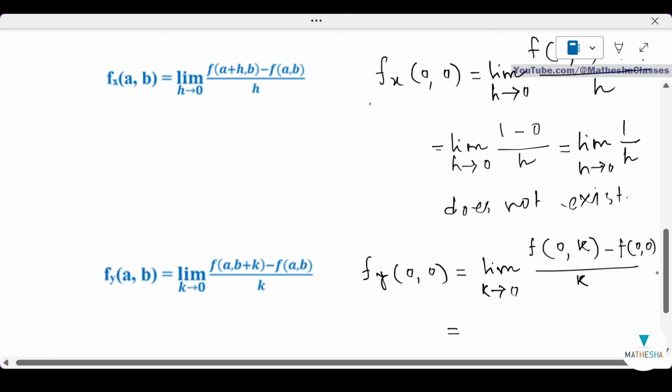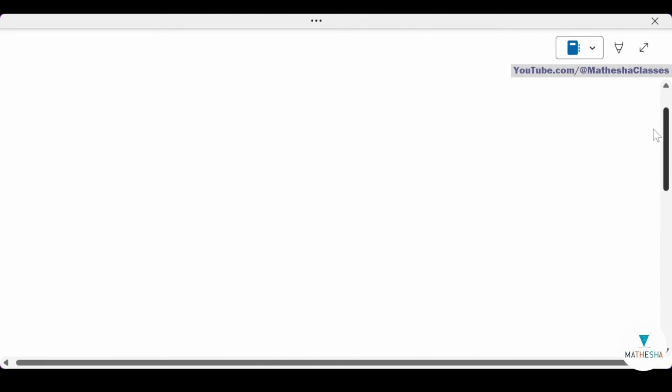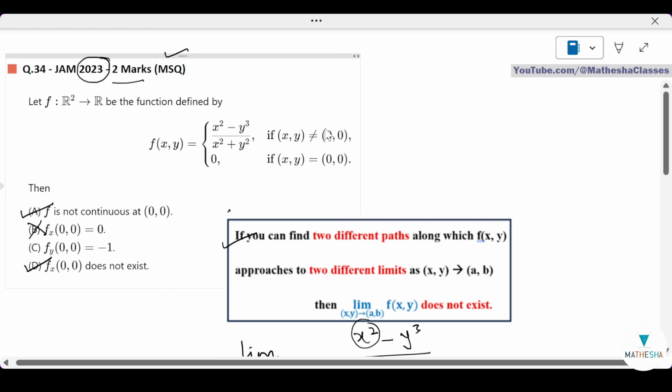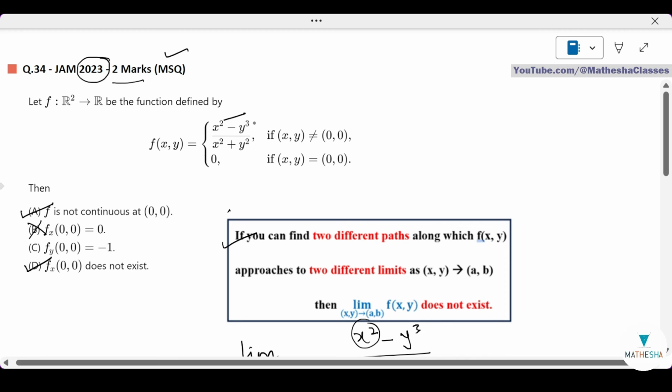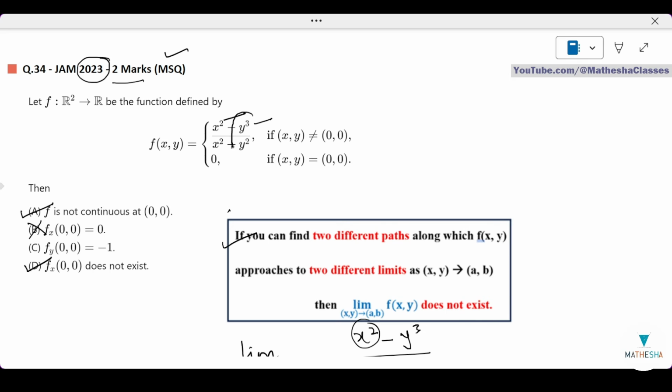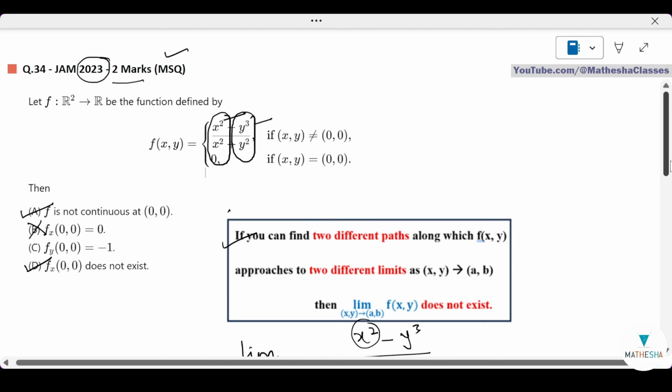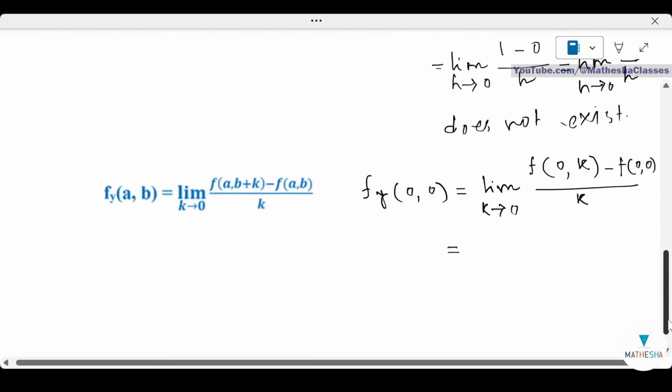So f of (0,k) means you are putting x to be 0 in this expression and y to be k in this expression. So if you are putting y to be k, then that part will become minus k cube by k square, whereas the x part will vanish. So f of (0,k) will become minus k.